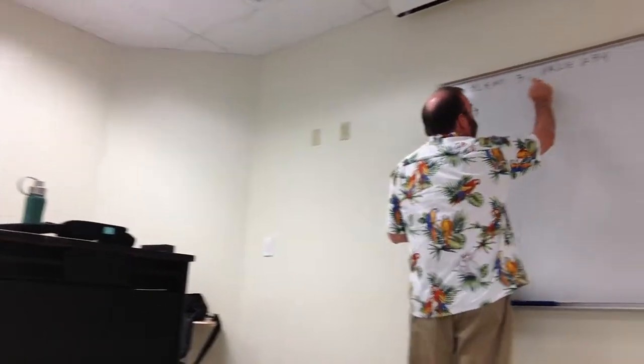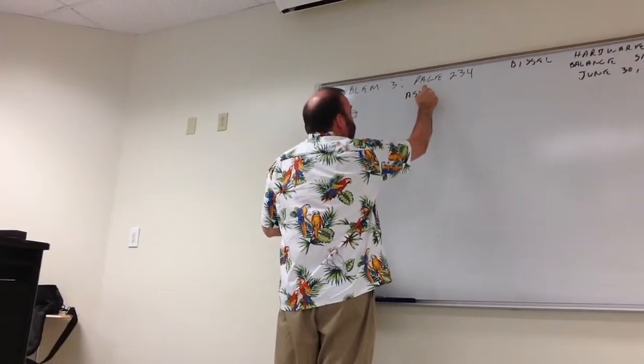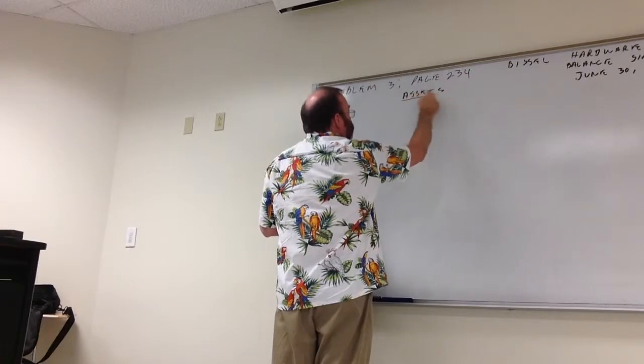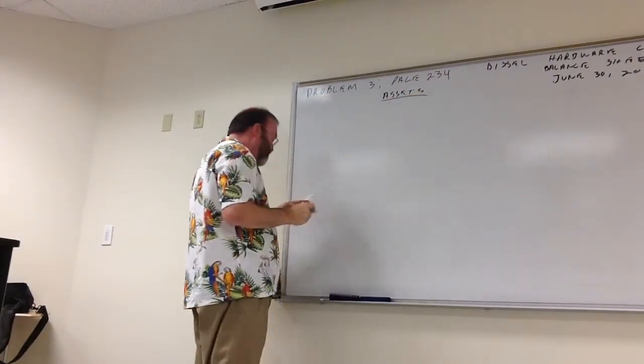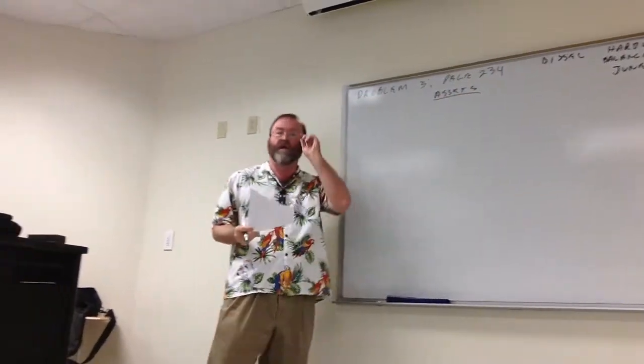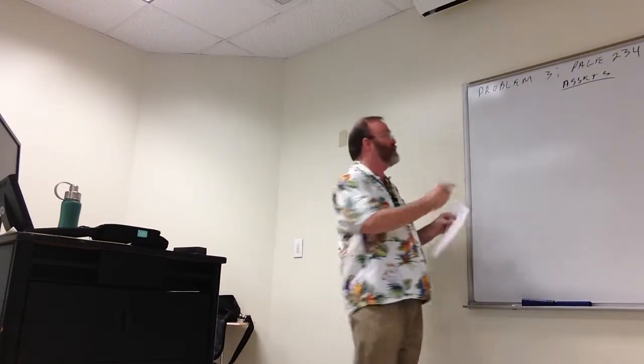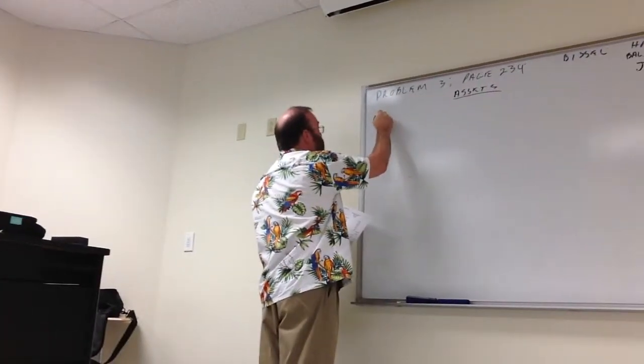All right, so we'll start with assets. And a classified balance sheet can have 4 subcategories, the first of which is current assets.